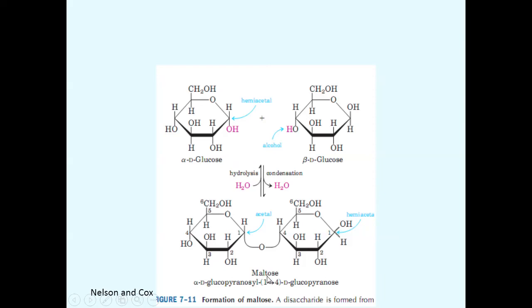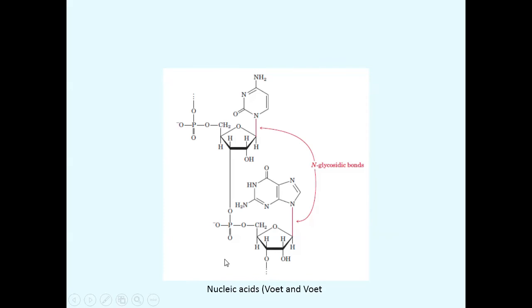Glycosidic bonds are not only present in carbohydrates but are also found in nucleic acids, DNA and RNA. This is a nitrogenous base shown in this figure. The hydroxyl group of ribose sugar in RNA undergoes condensation with the hydrogen of the nitrogenous base.